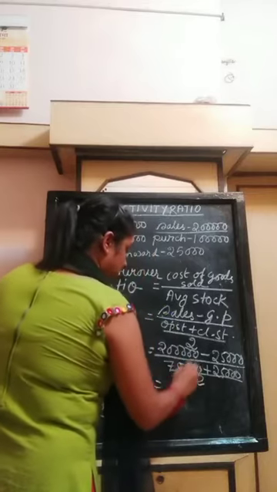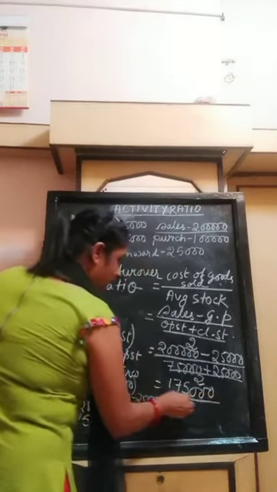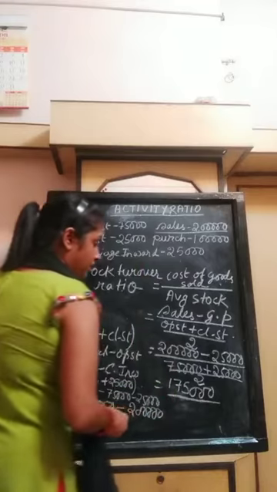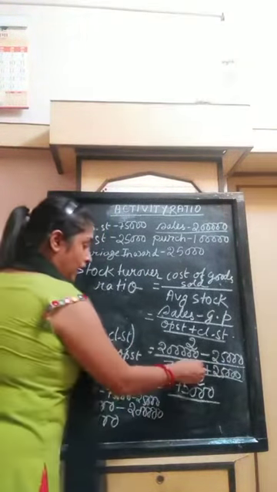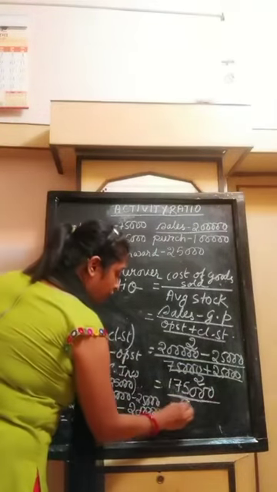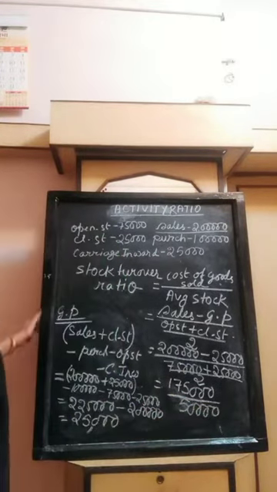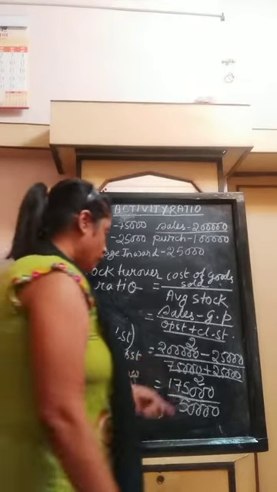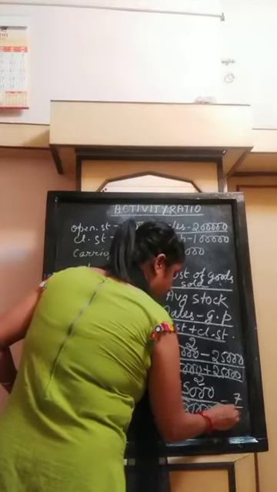So here we are getting 1,75,000 in the numerator by subtraction, and 75,000 plus 25,000 is 1 lakh. 1 lakh divided by 2 gives you 50,000. This is what we are getting. So if we cancel it, we are going to get 7 by 2.